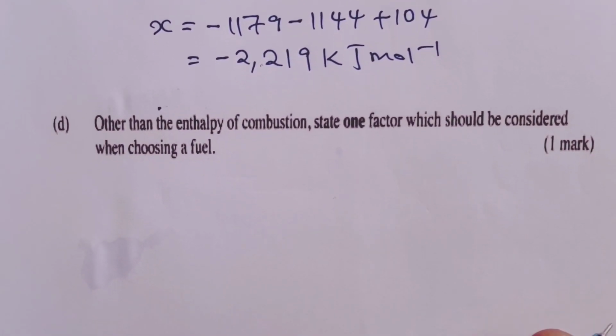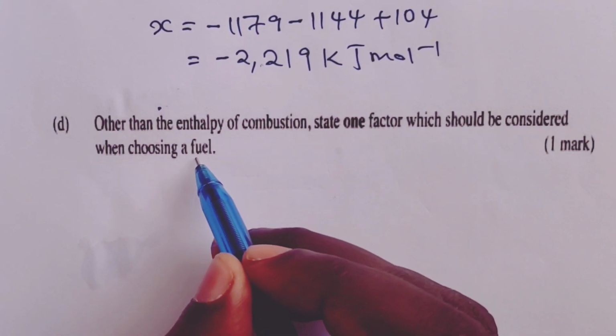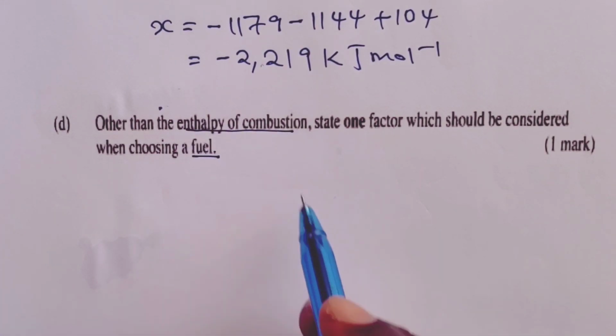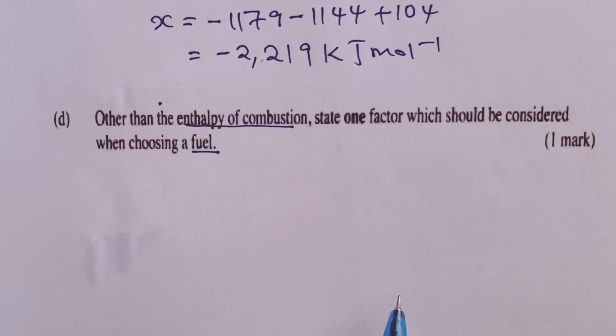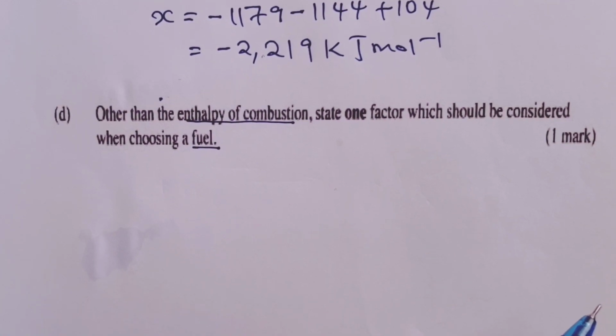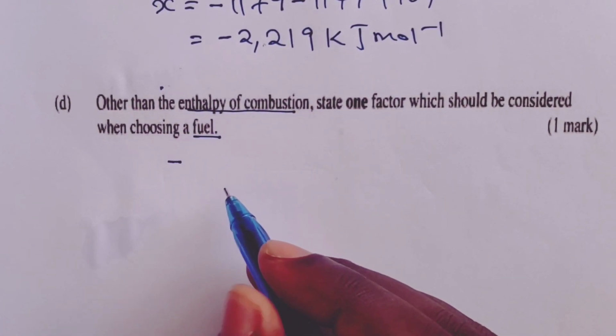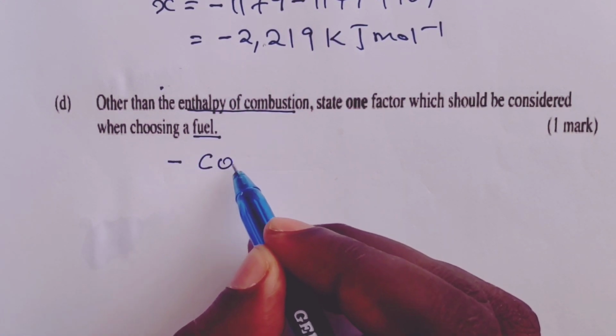In part D, this tested on fuels, and we are told that other than the enthalpy of combustion, which we also call calorific value, we were asked to state one factor which should be considered when choosing a fuel. And here we have quite a number of factors.